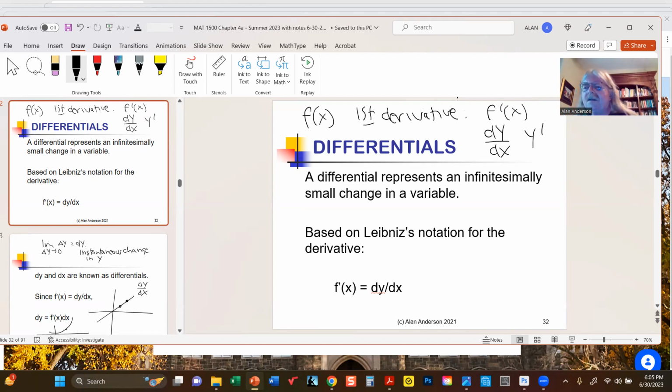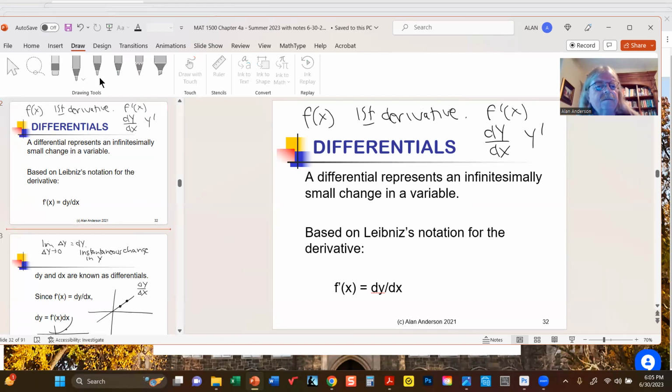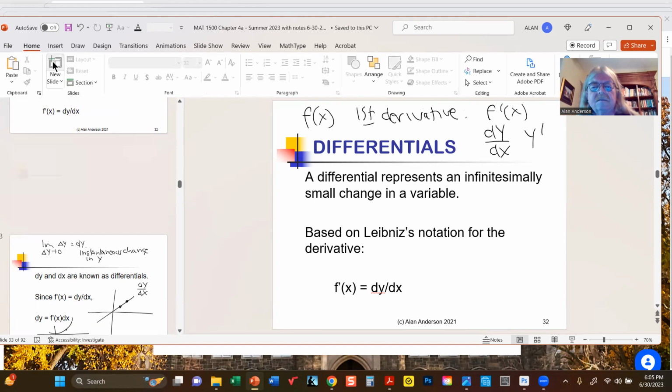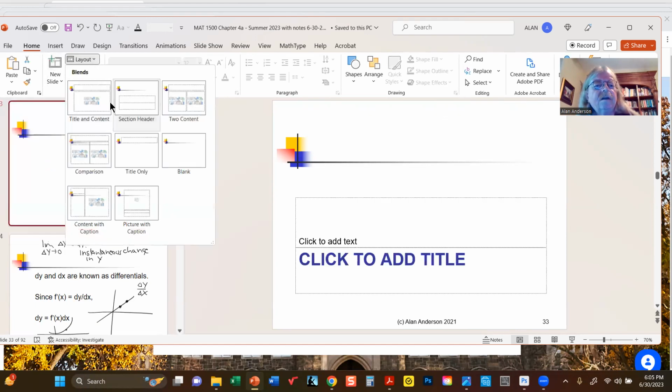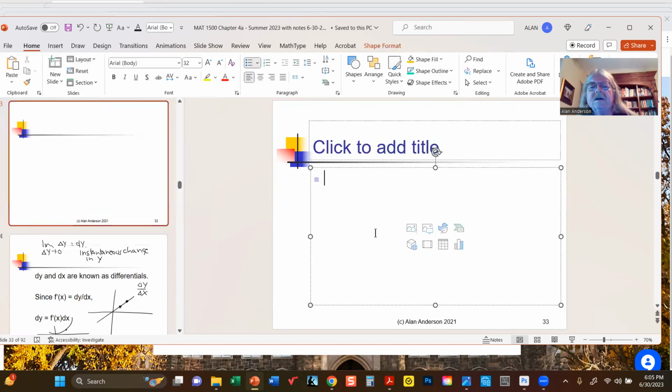You may not know, but the two individuals who were held to be responsible for calculus, I'll just mention this briefly. It's never going to be possible to be 100% sure, but calculus is attributed to two individuals. One you've heard of, Isaac Newton.